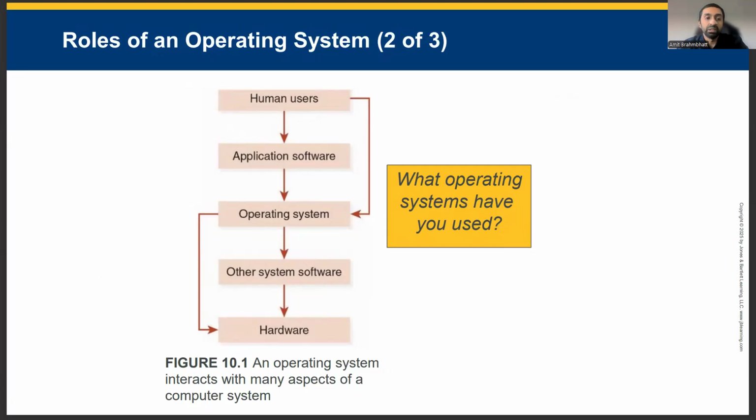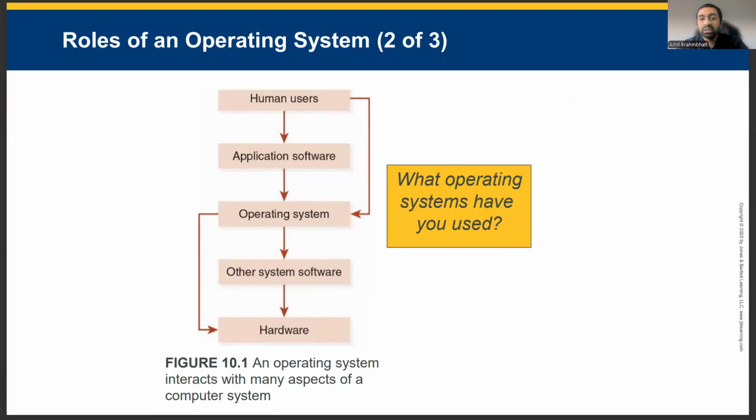Roles of an operating system. Here, we try to understand how an operating system interacts with many aspects of computer systems. The OS acts as a central coordinator between hardware, software, and the user. You can see in the diagram that the OS touches nearly every component: memory, CPU, storage, input or output devices, and user interfaces.